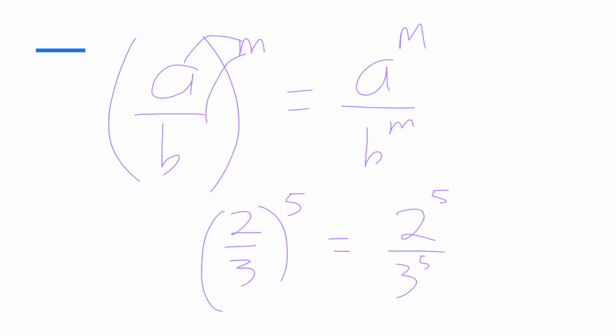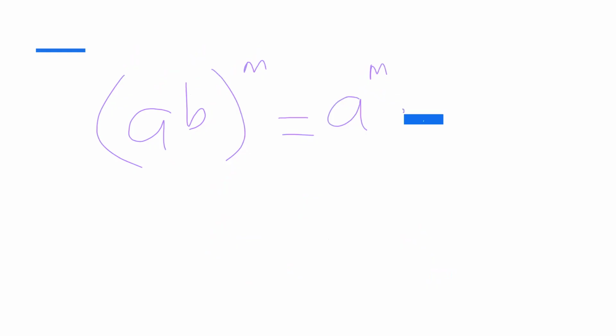And then also an extension probably to the power rule. If you have ab to the power m, like that, a and b are multiplying, but the m is going to affect both of them. It's going to affect a, it's going to affect b.